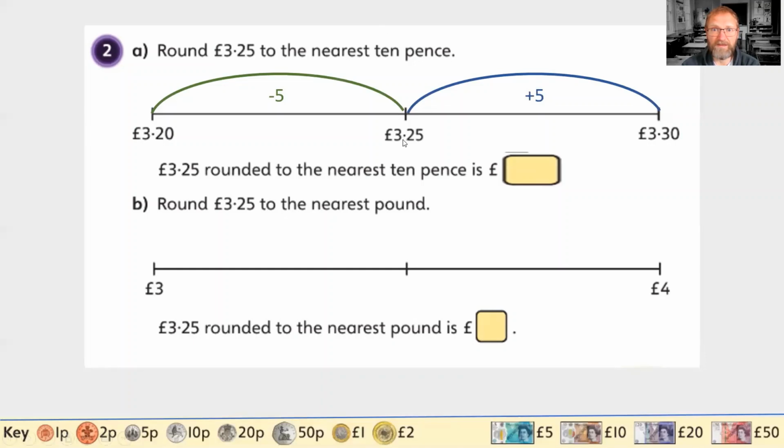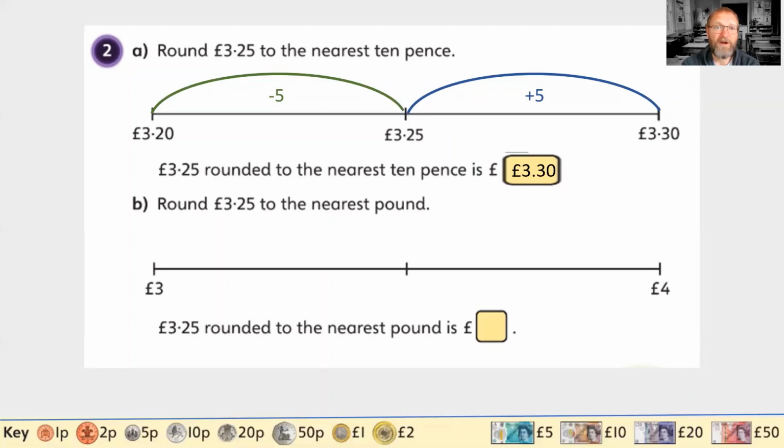So £3.25, as you can see, is the same distance from £3.20 and £3.30. But can you remember that rule? Yes. If it ends in a 5, if it's in the middle of our number line, we always round up. So we round up to £3.30.